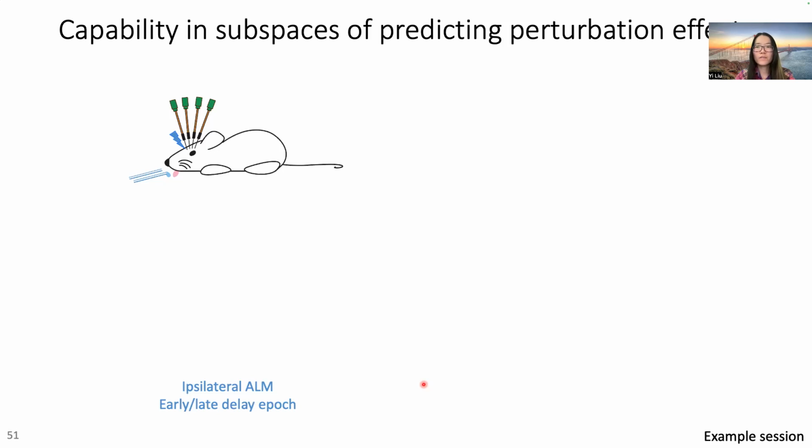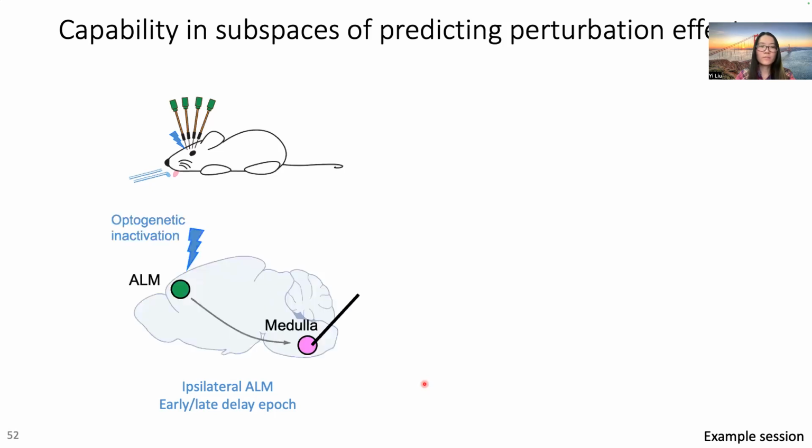Simultaneous recordings of subcortical downstream areas allow us to observe the effect of ALM perturbation on the neural activity in these areas. In this example session, ALM is inactivated at the late delay epoch, and we are recording from medulla to see if ALM perturbation has influence on the neural activity of medulla.